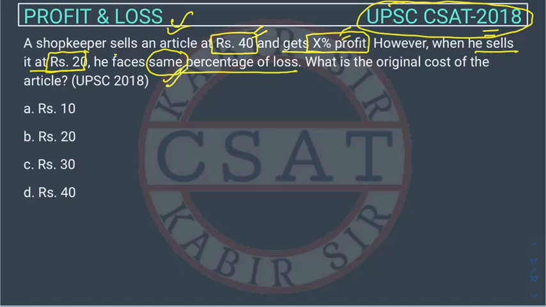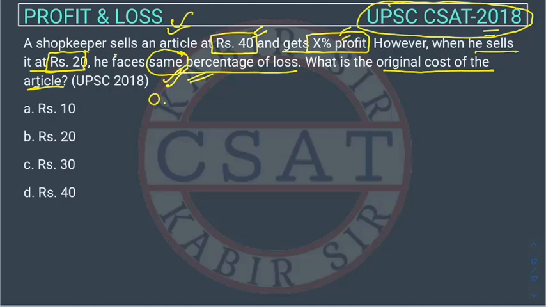This keyword is important here: same percentage of loss means X% of loss. So here they are not writing X% again. This is an important thing you have to check. What is the original cost of the article?